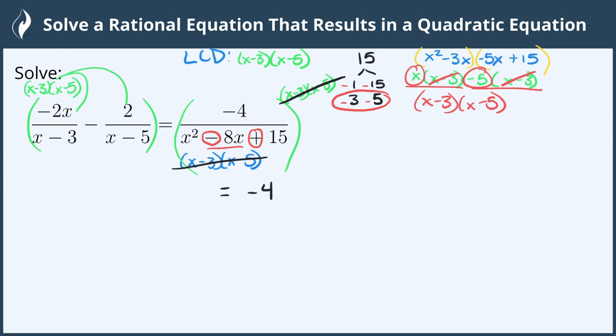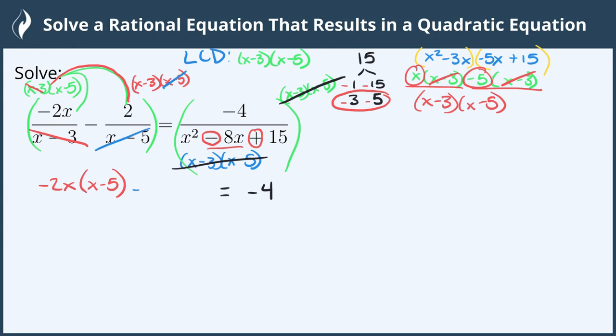On our left side, we're going to need to cancel out a few things. X minus 3 times x minus 5 divided by x minus 3 cancels x minus 3. So we have negative 2x times x minus 5. And again, we're multiplying this in with the distributive property. So we have x minus 3 times x minus 5, and we will cancel, x minus 5 cancels.